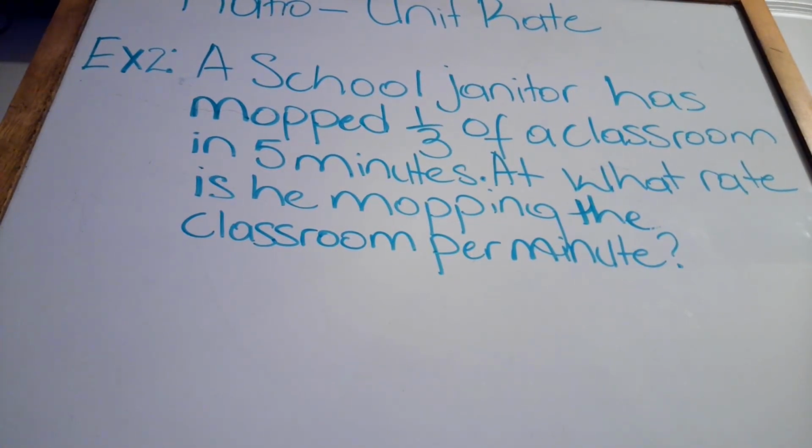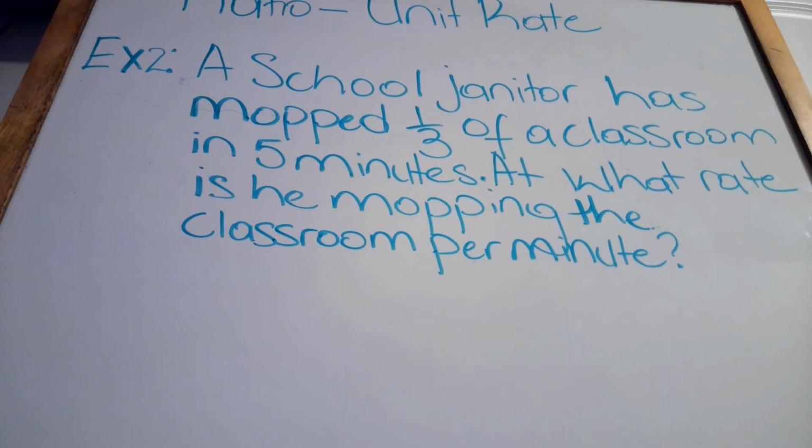Okay, another example. A school janitor has mopped 1/3 of a classroom in 5 minutes. At what rate is he mopping the classroom per minute? So we want to find out how much of the classroom he would mop in a minute.